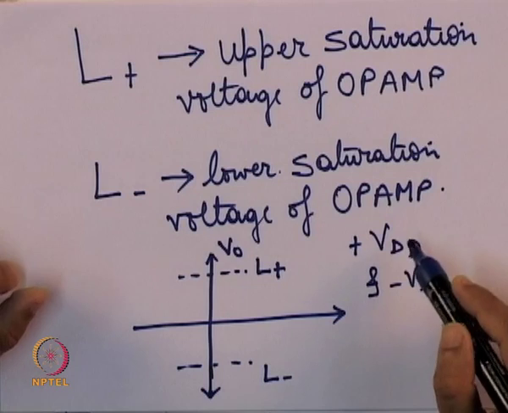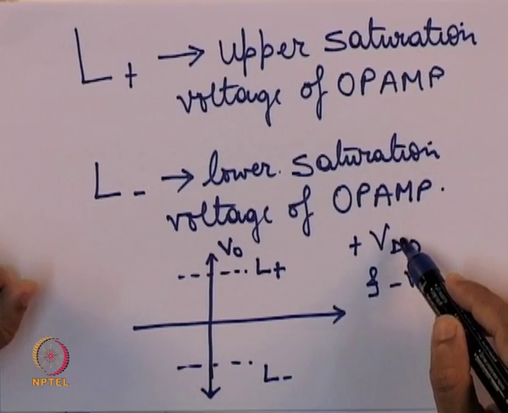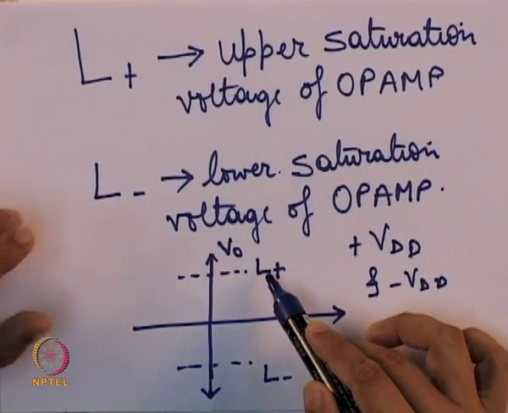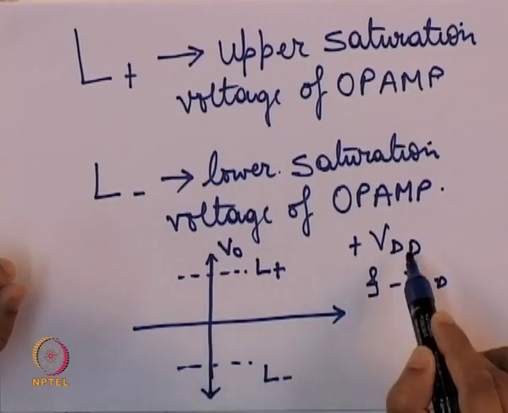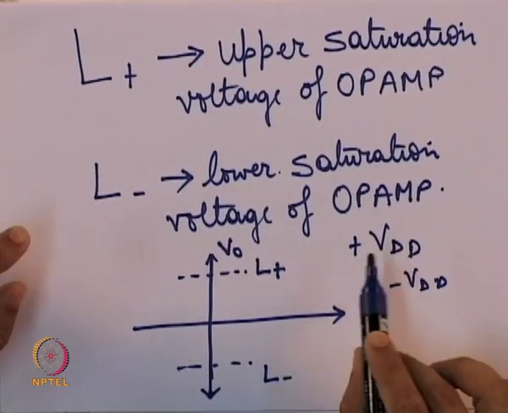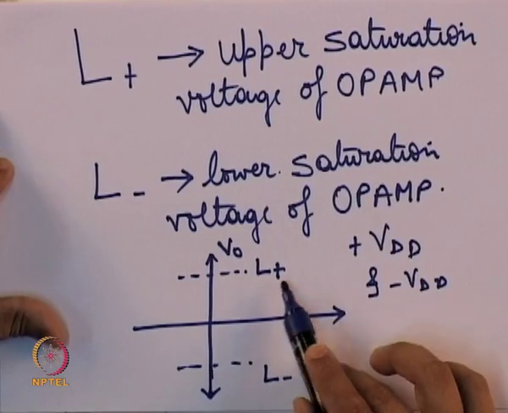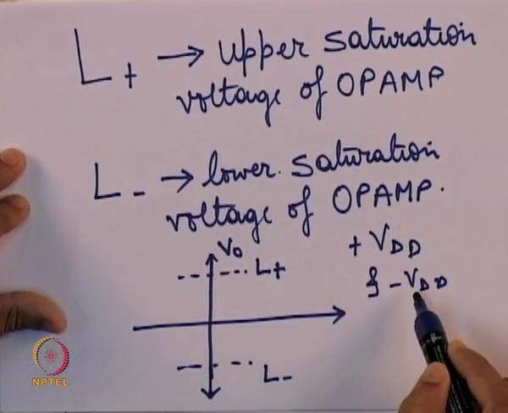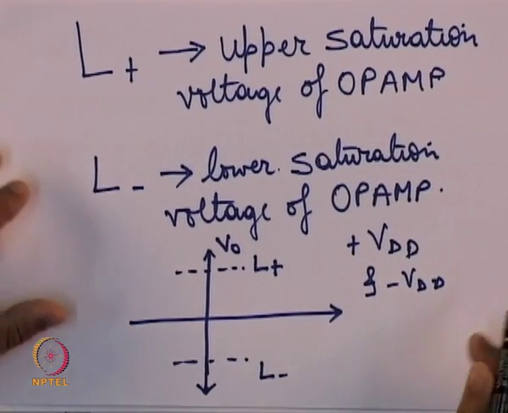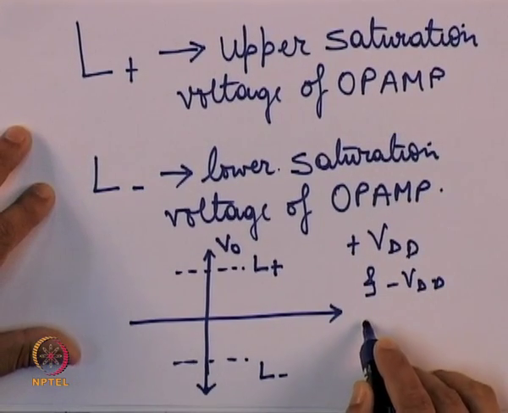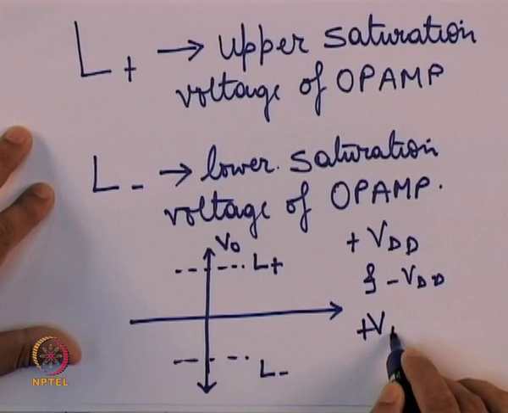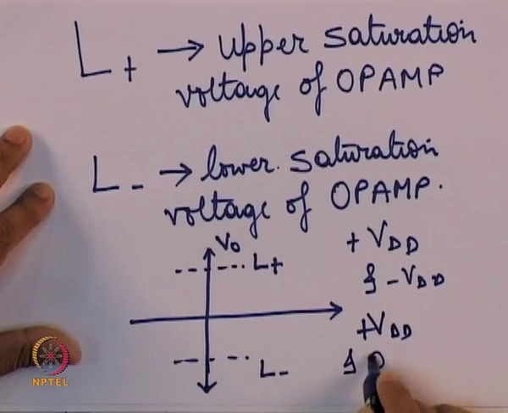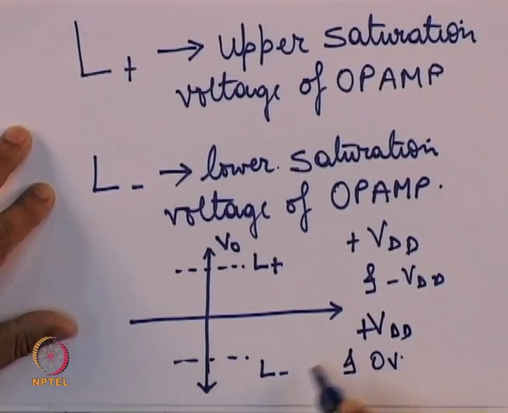If there is, for example, some drop from the supply voltage to the maximum permissible voltage, then L plus may not be equal to VDD, but usually it is. If my supply voltages were plus VDD and 0 volt, that is ground, then L minus would correspond to 0 voltage and L plus would correspond to plus VDD.